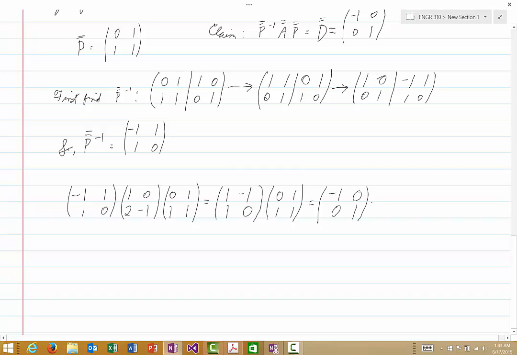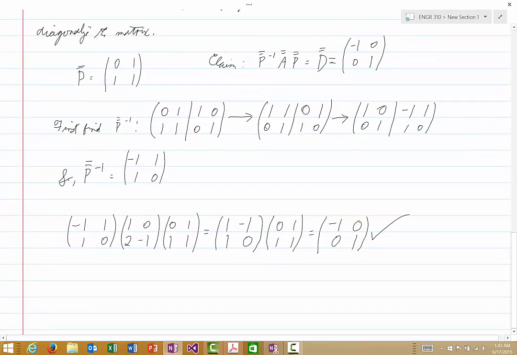And so sure enough, we arrive at the diagonal matrix that we predicted, whose first diagonal term is the eigenvalue associated with the eigenvector in the first column of P up here, and whose second diagonal term is the eigenvalue associated with the eigenvector in the second column of P.